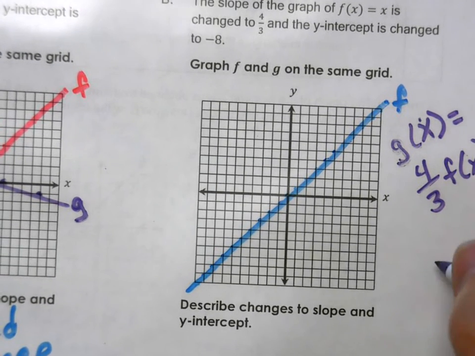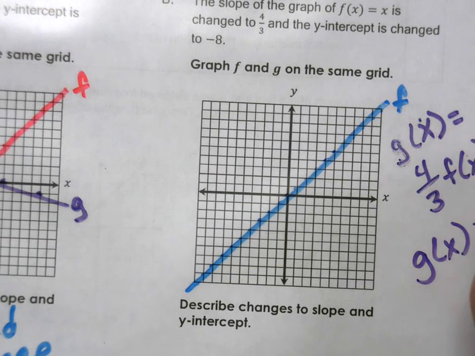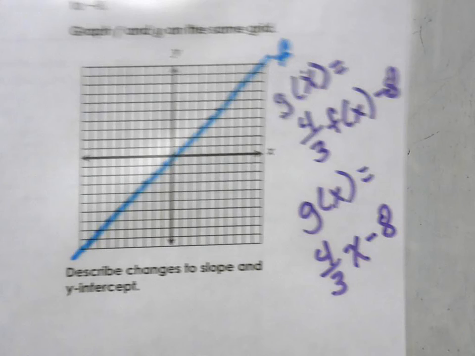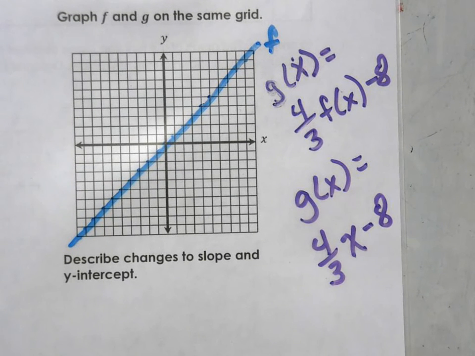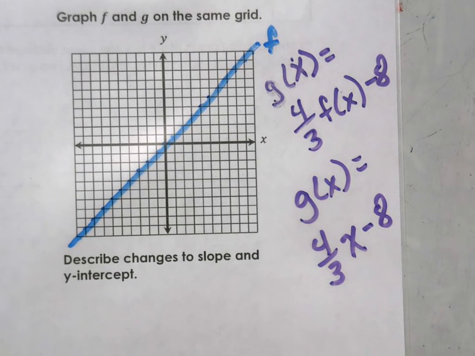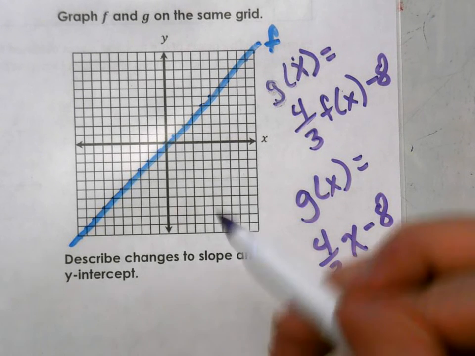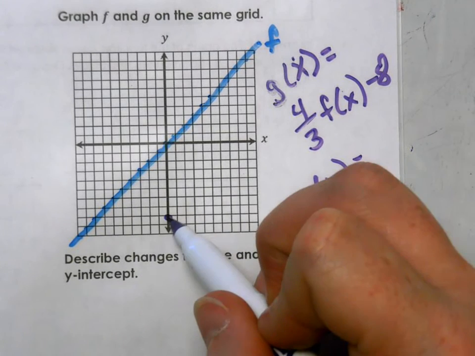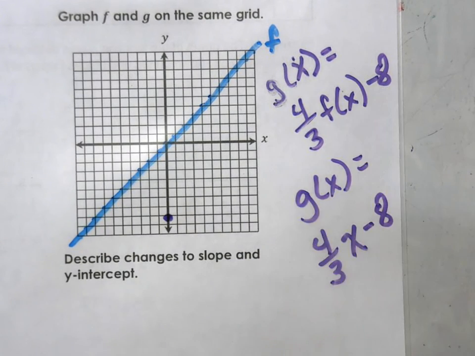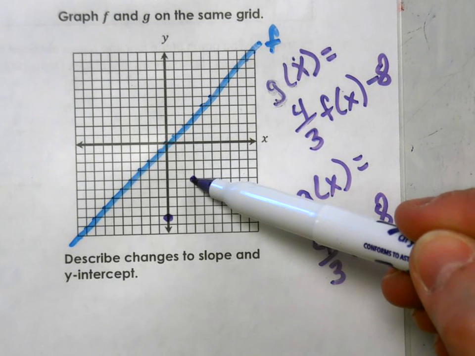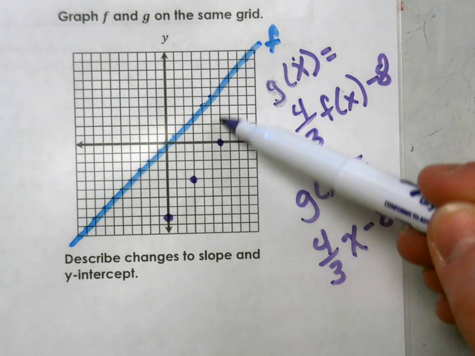Yeah. Or how else could I write it? With just the x. So how would I graph that? You would go down 8, then up 4/3 for my slope.